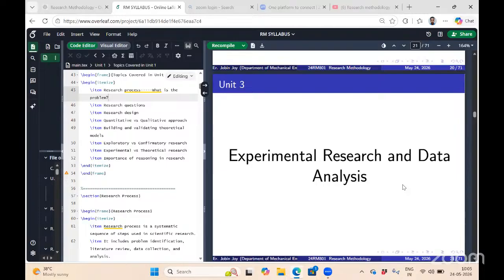Interpretation of results means explaining the meaning of research findings. Once you have the findings, you have to explain them, right? That is called interpretation. I have already mentioned numerical data analysis and graphical data analysis.